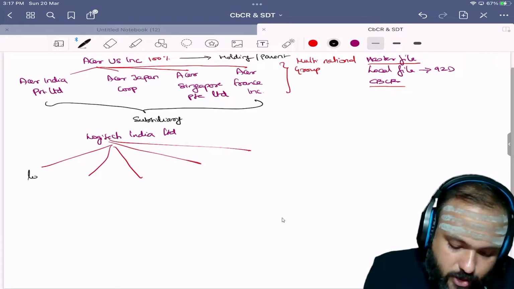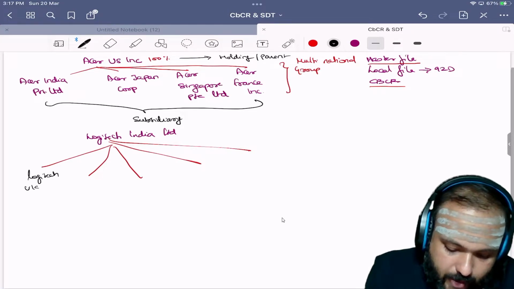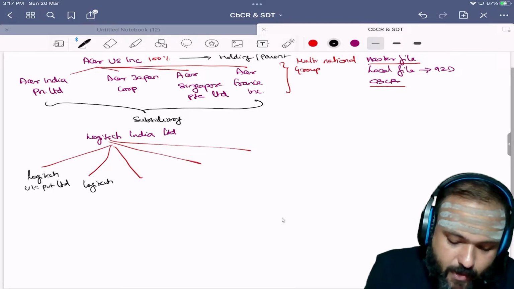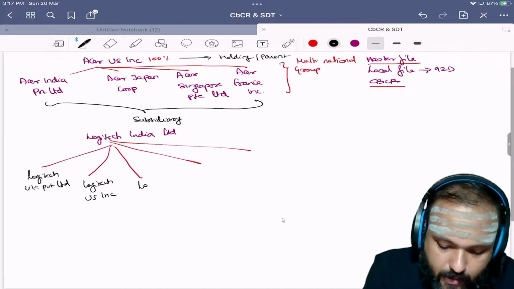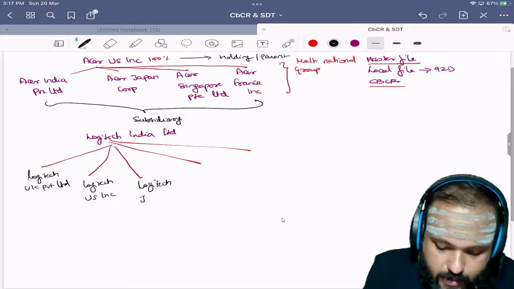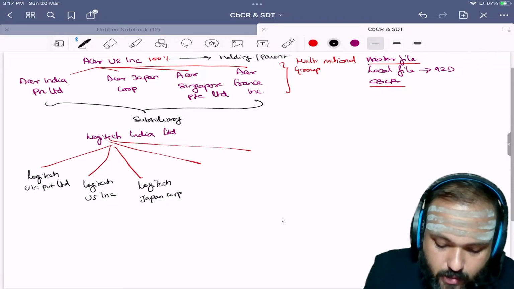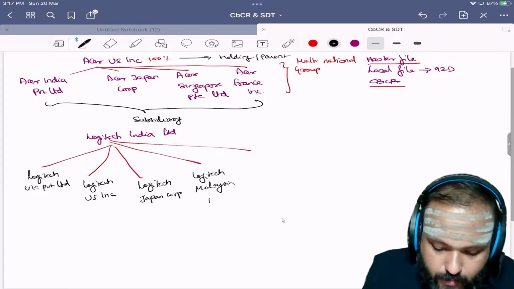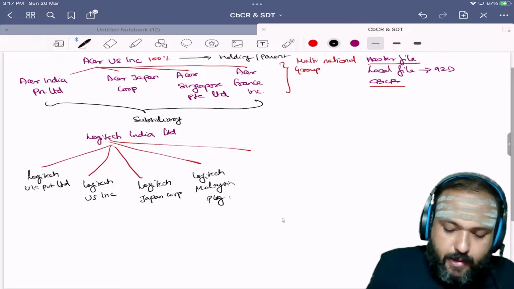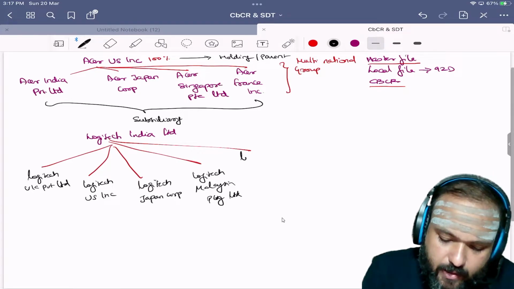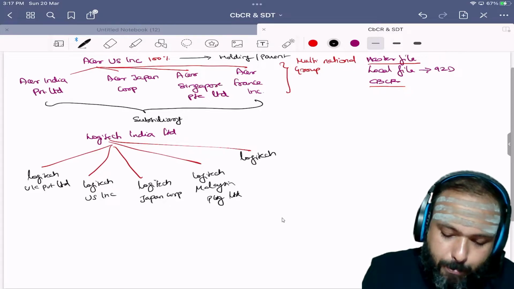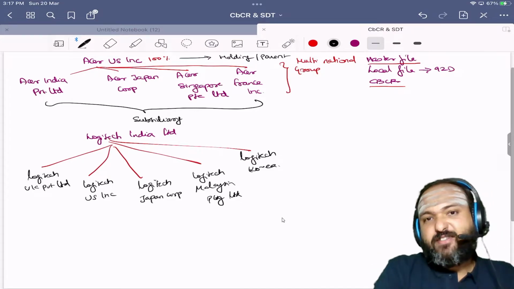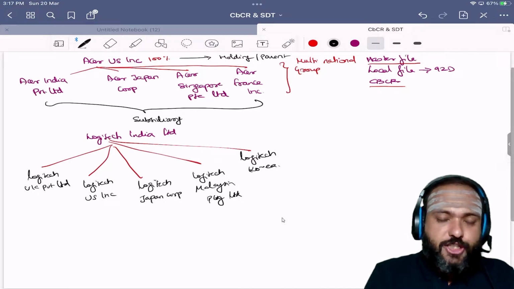Logitech UK Private Limited, then Logitech US Inc., then Logitech Japan Corp, Logitech Malaysia Pty Limited, and finally Logitech Korea. So there are 5 subsidiaries to the Indian company Logitech India.